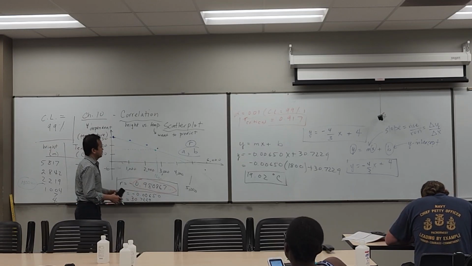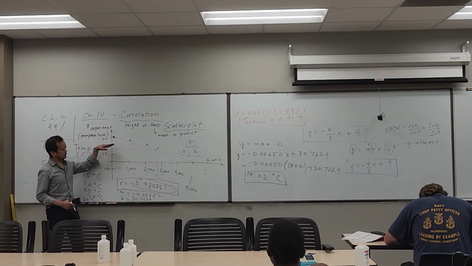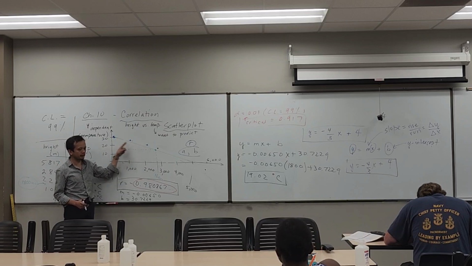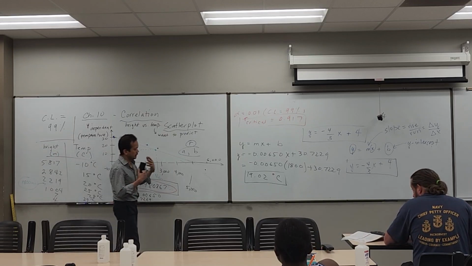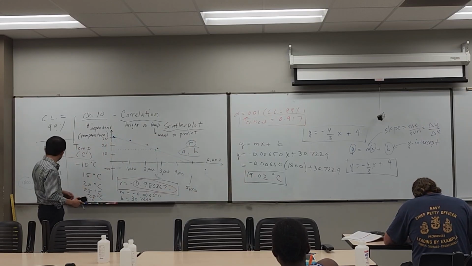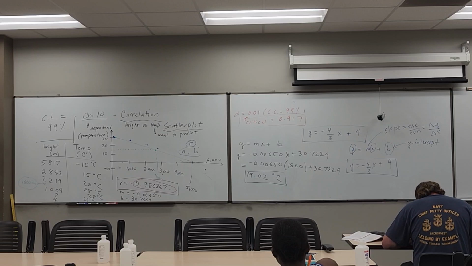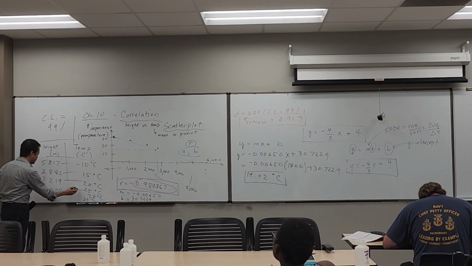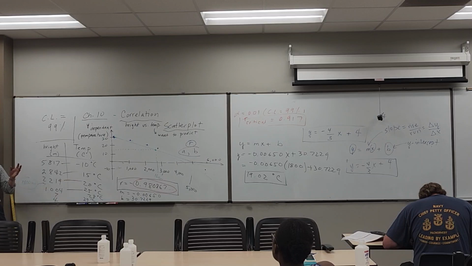So what this is saying is that the best possible line, which results in the minimum distance of your observed points to that line, will end up predicting a value of 19 degrees in temperature for this height of 1800. You notice that according to this data, we were trying to predict that around 1800 should be between these two, 20 and 25, but what we're getting is something a little bit less.